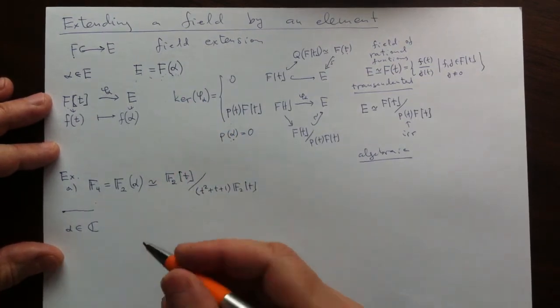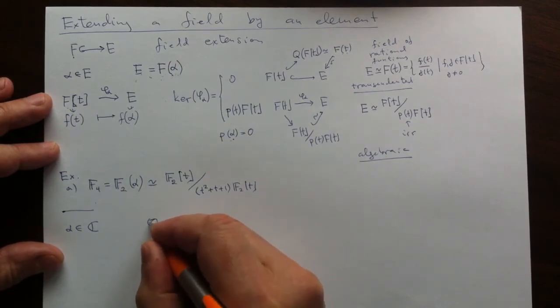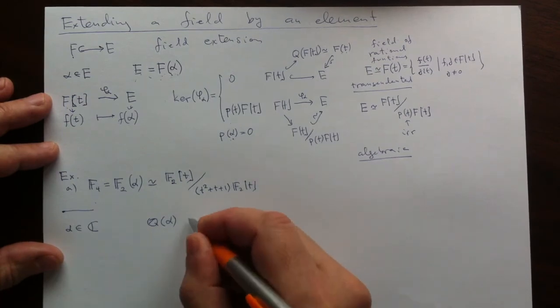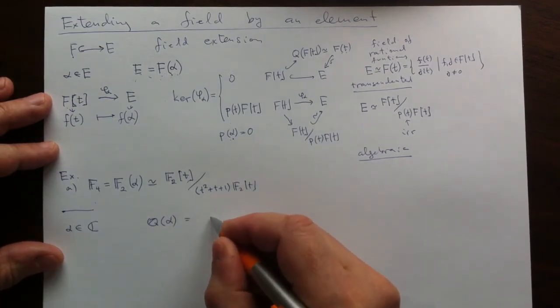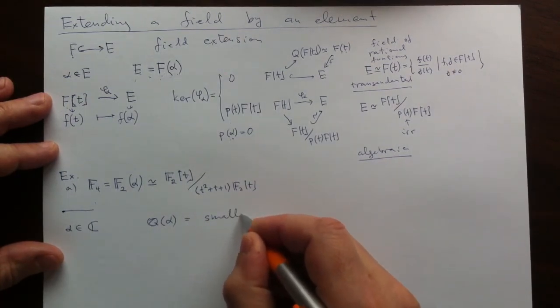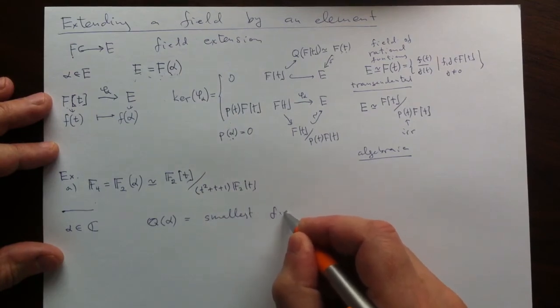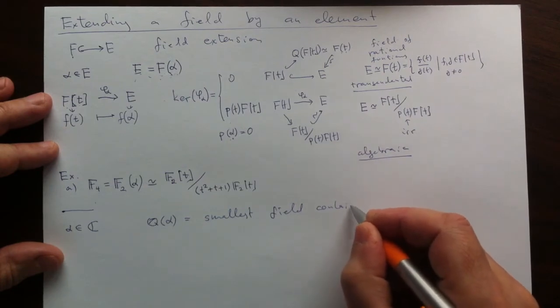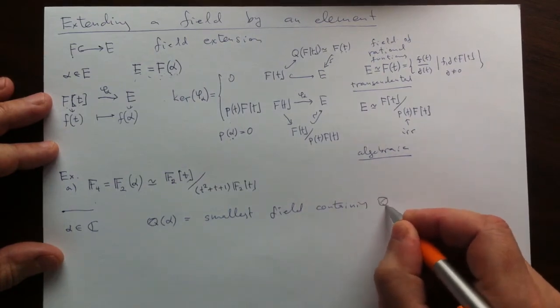So back to alpha. Alpha is a complex number. Let's now use this notation one more time and denote Q of alpha as the smallest field containing rational numbers and alpha.